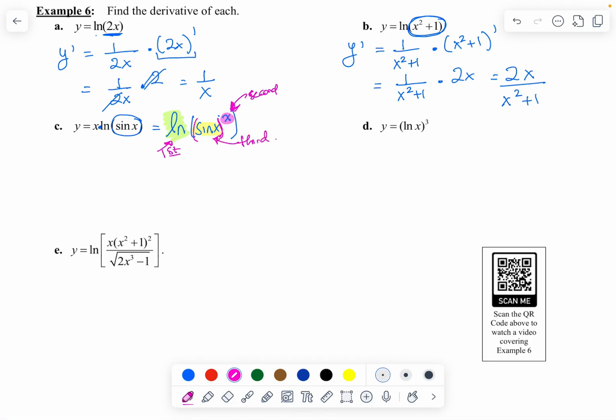Another way, like I was saying before, you could use the product rule. These are two functions that are being multiplied together. So you could take the first guy as is times the derivative of the second guy, which is 1 over sine of x times cosine of x, plus ln of sine of x times 1.